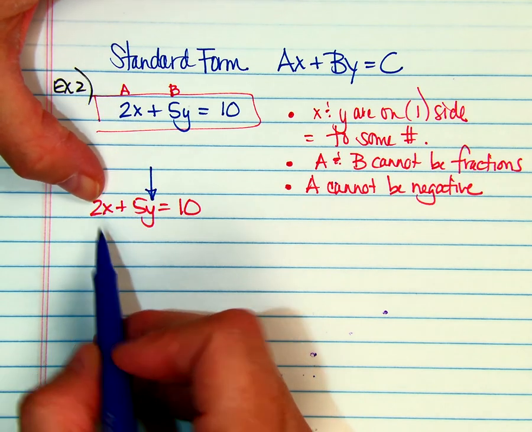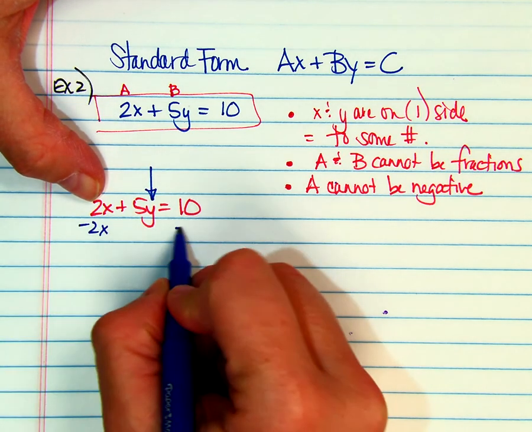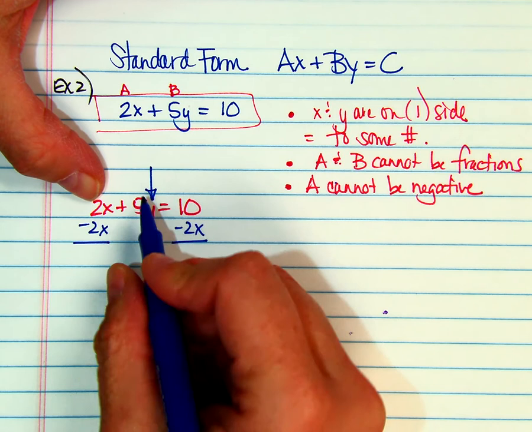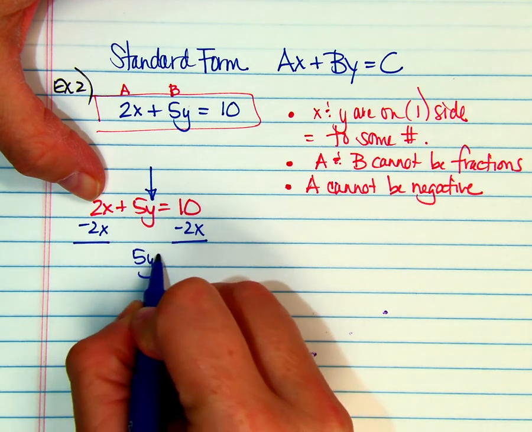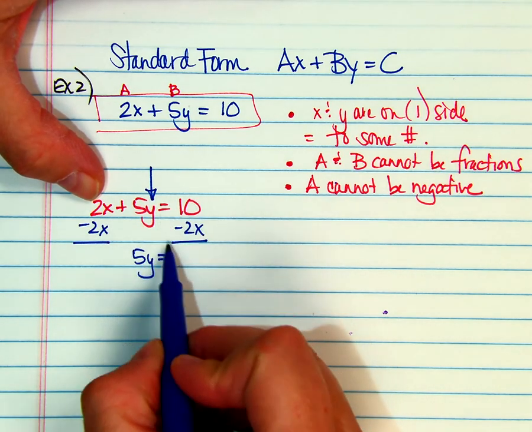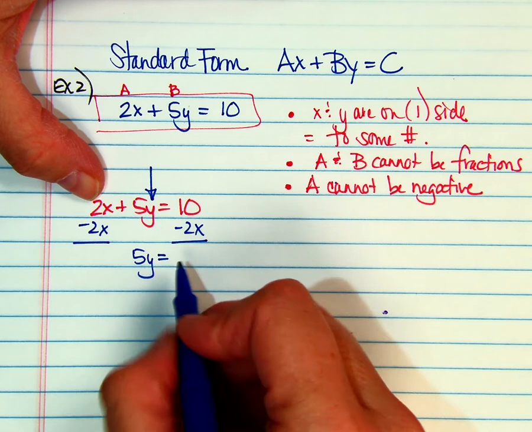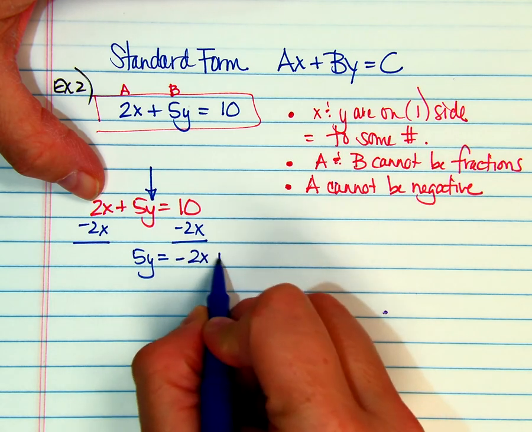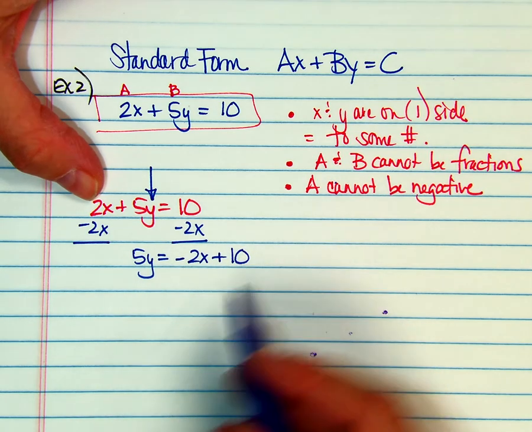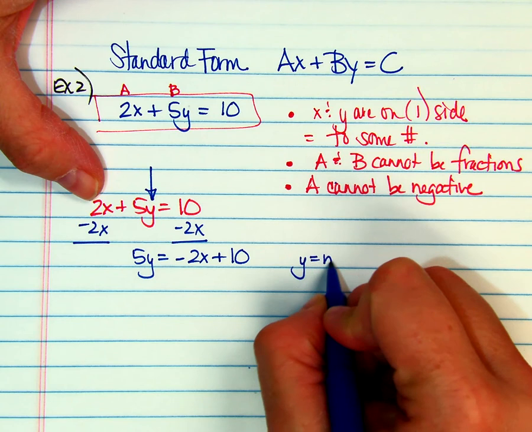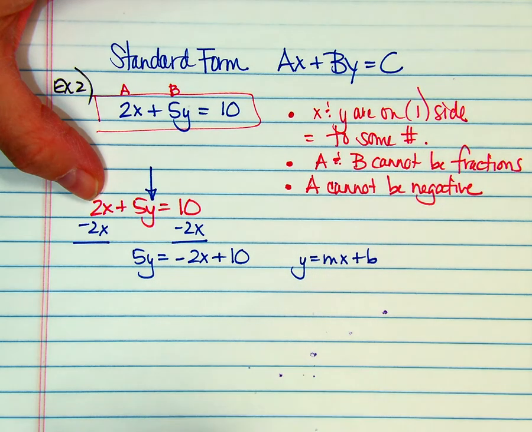Need to get rid of the 2x. I'm going to subtract 2x from both sides. Bring down the 5y equals. Remember, you cannot combine these. They are not like terms. I would get in the habit of putting that x term first so that it is truly in the form of y equals mx plus b.